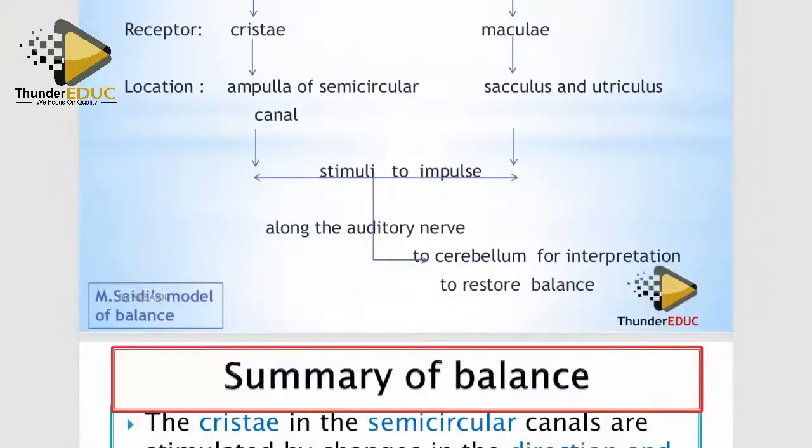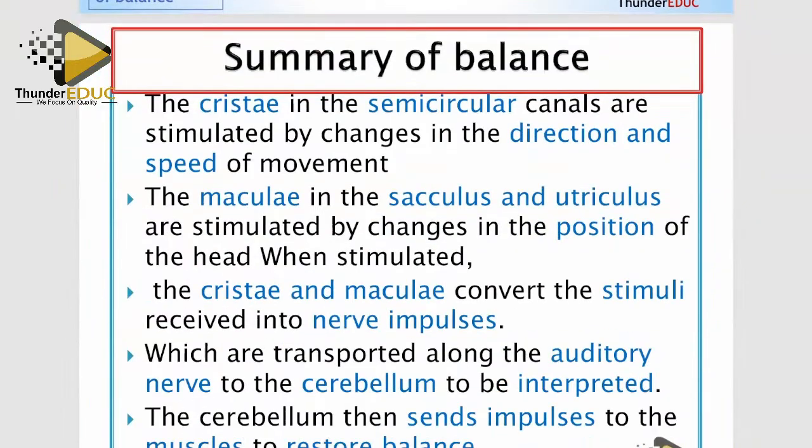That's balance. When you come back here, the same story. The crista in the semicircular canal are stimulated by change in the direction and the speed of the movement of the head. The maculae in the sacculus and the utriculus are stimulated by change in the position of the head.